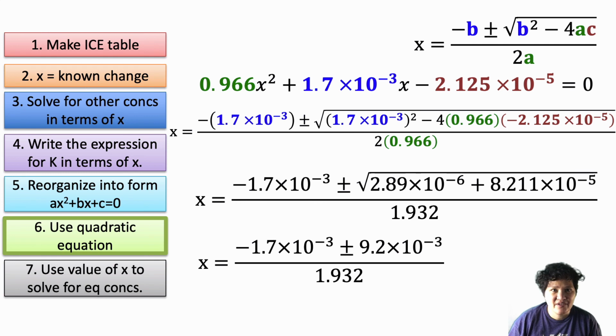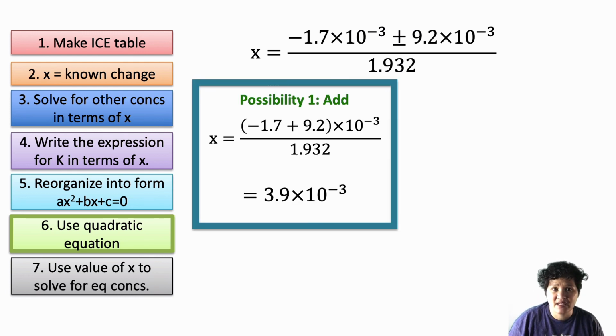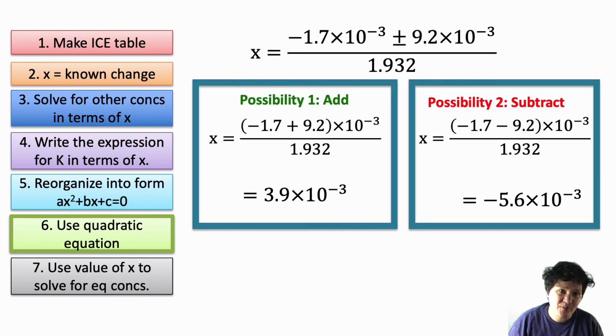So now what we have is negative 1.7 times 10 to the minus third plus or minus 9.2 times 10 to the minus third, divided by 1.932. And there's our expression. Again, we're going to have two solutions, one where we add and one where we subtract. If we add, we get 3.9 times 10 to the minus third. But if we subtract, we get negative 5.6 times 10 to the minus third.